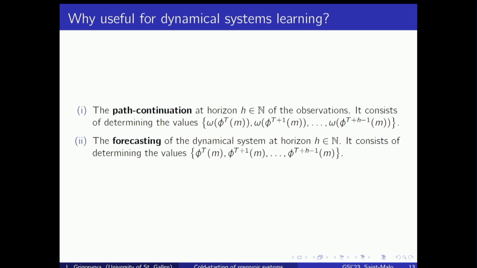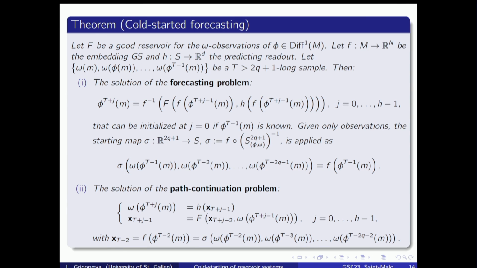For Lorenz, that would mean I would need to know the evolution of all three coordinates in time, h steps into the future. The second one is, of course, presumably much harder than the first one because you can have only partial information available. You need to reconstruct the whole dynamical system out of it. Okay, so what we will be doing? The solution will be written down if you want.